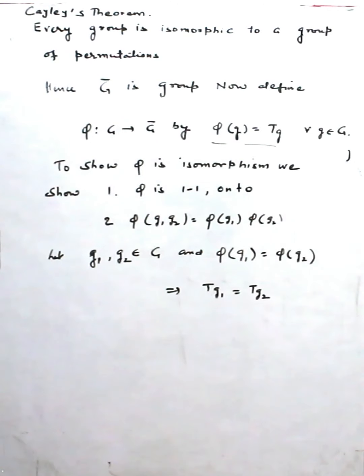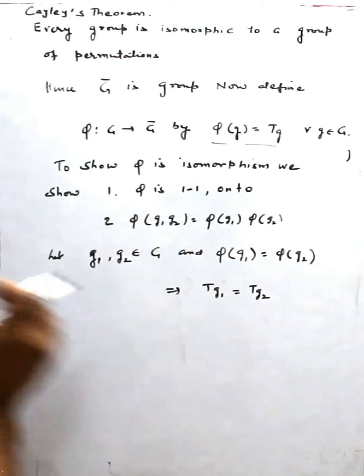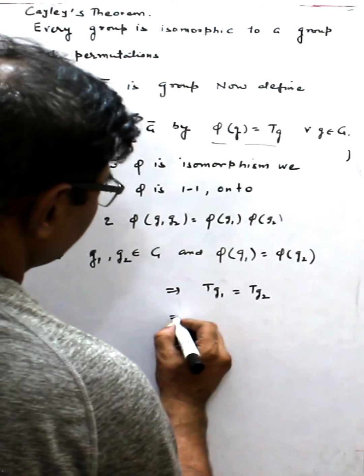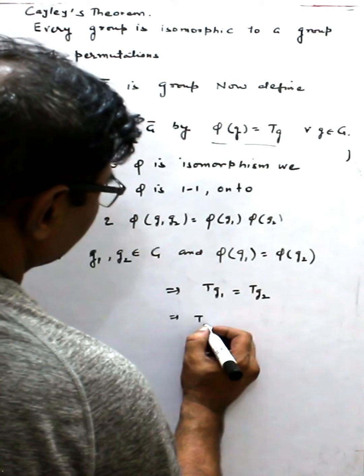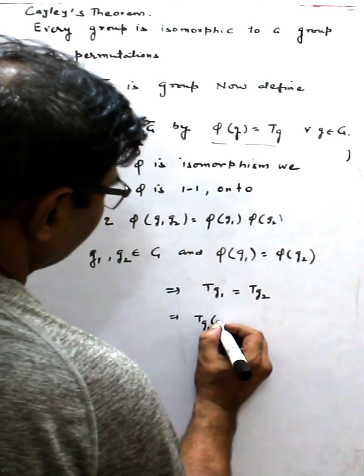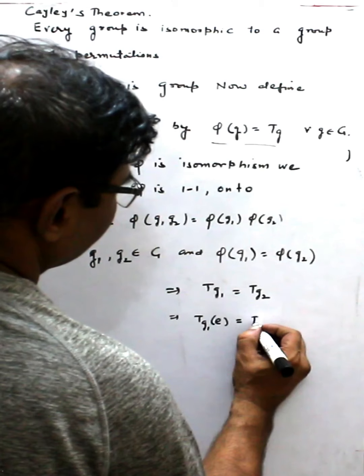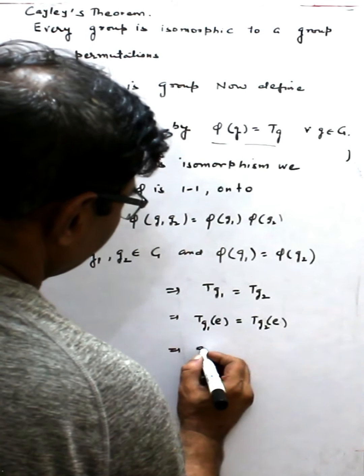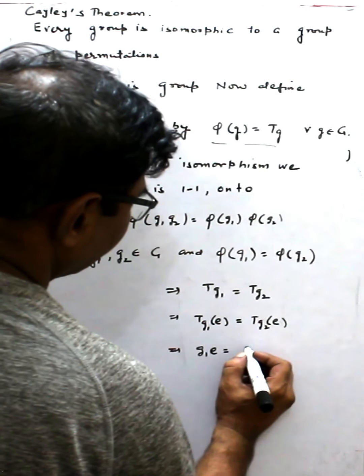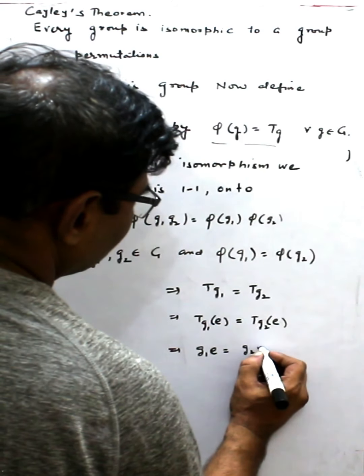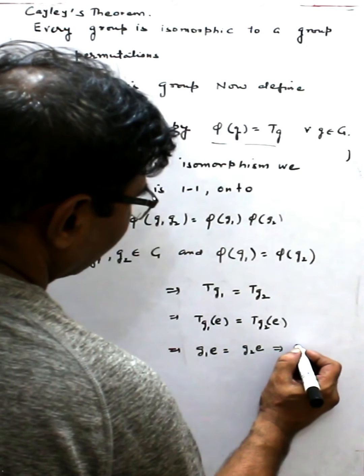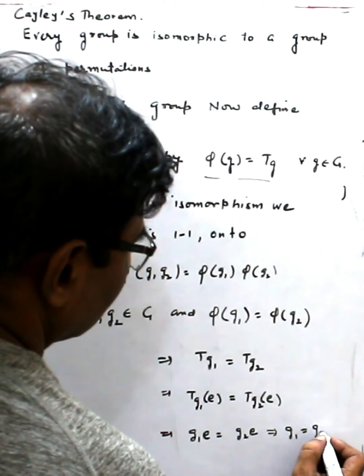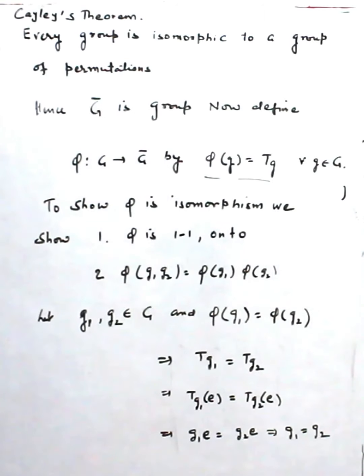Now I simply take the identity here, Tg1 of e equals Tg2 of e, this becomes g1 e equals g2 e, and from here I get g1 equal to g2. So this is one-one.